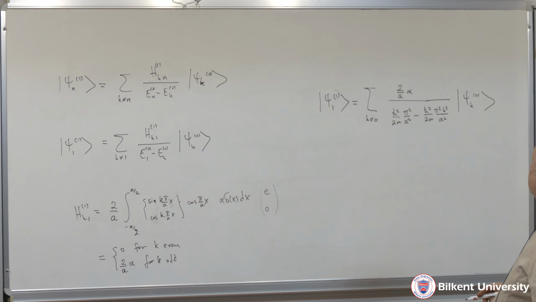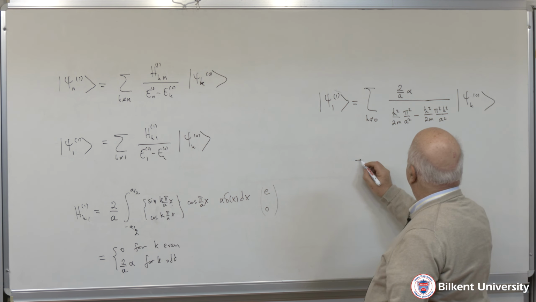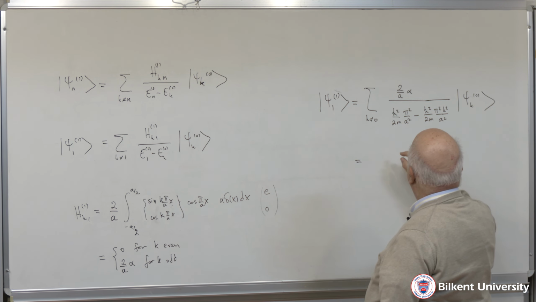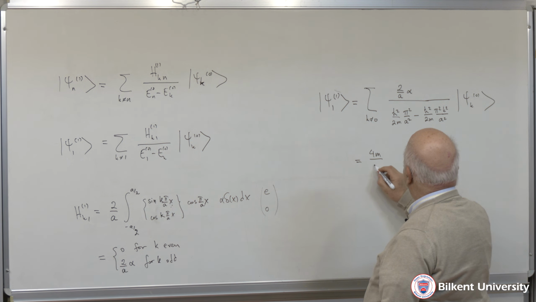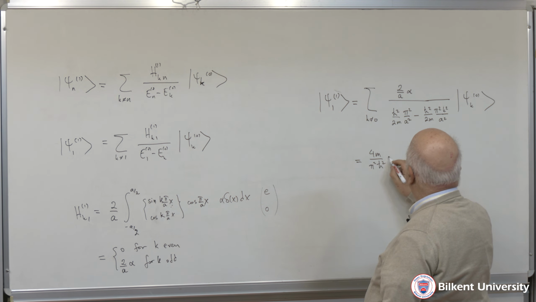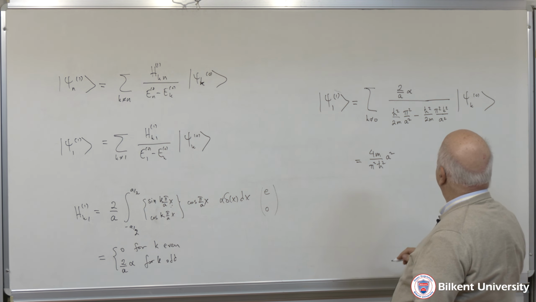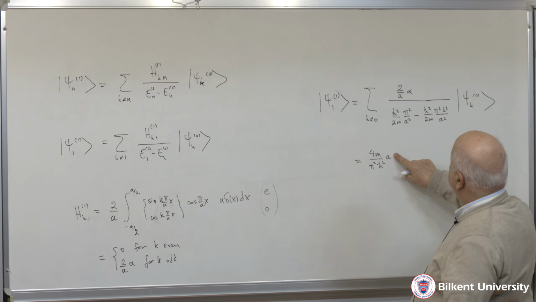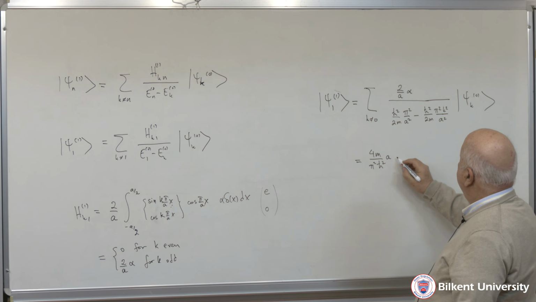All right, so let's simplify this just a little bit more. It's going to be 4m over h bar squared. There will be a pi squared in the denominator. Please check my algebra. There is an a squared in the numerator, but that will be cancelled by one of these a's.